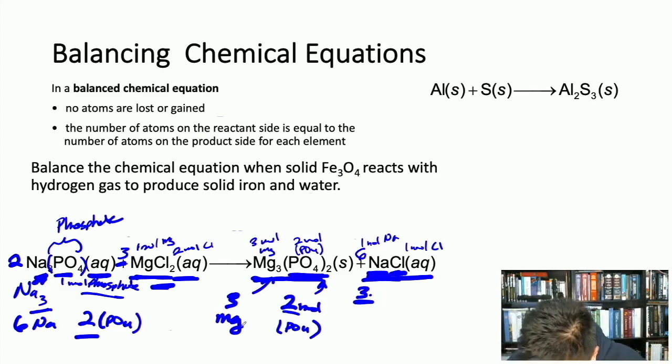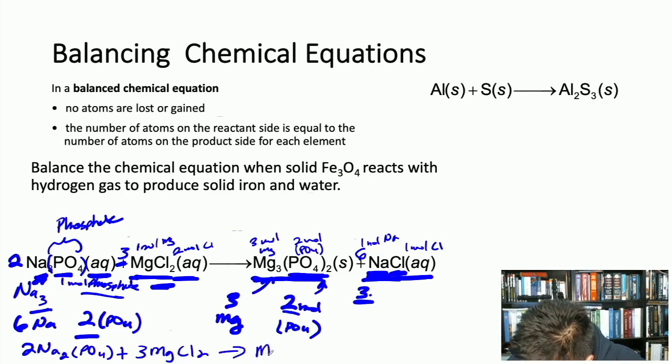So the final balanced equation is going to be 2 sodium phosphates plus 3 magnesium chlorides produce 1 magnesium phosphate plus 6 sodium chlorides.